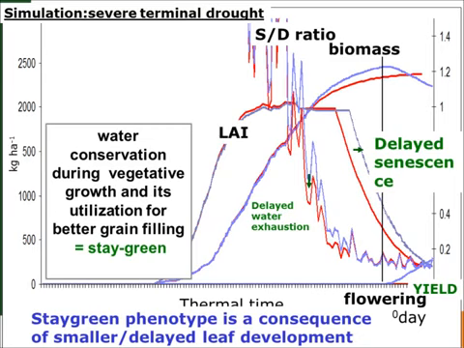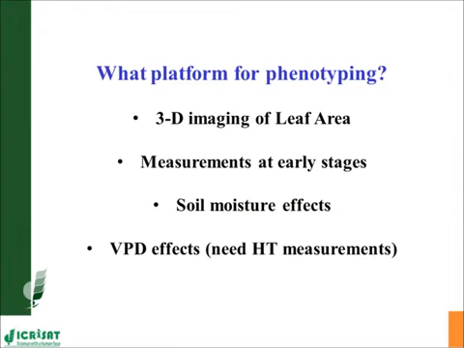And senescence occurs a lot quicker in the plant that developed a larger canopy. There's a delayed senescence, which ends up, in fact, with a stay green phenotype, a bit like what we've seen before in pearl millet. So again, stay green as a late trait, explained by an earlier trait dealing with leaf area development.